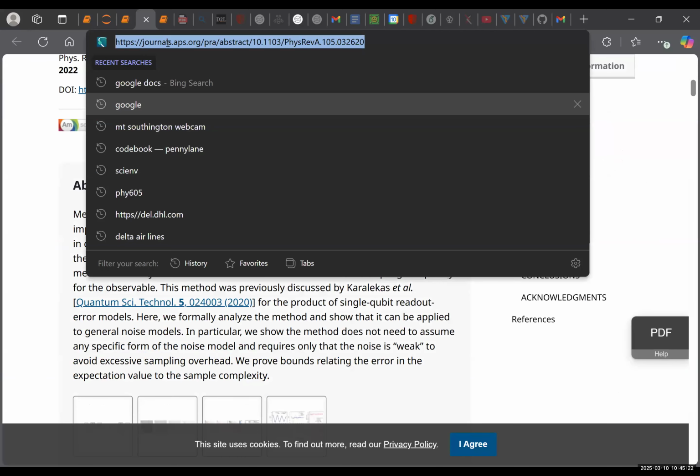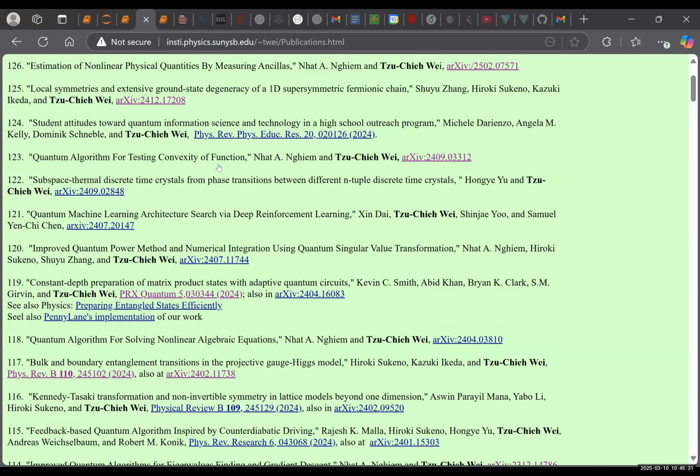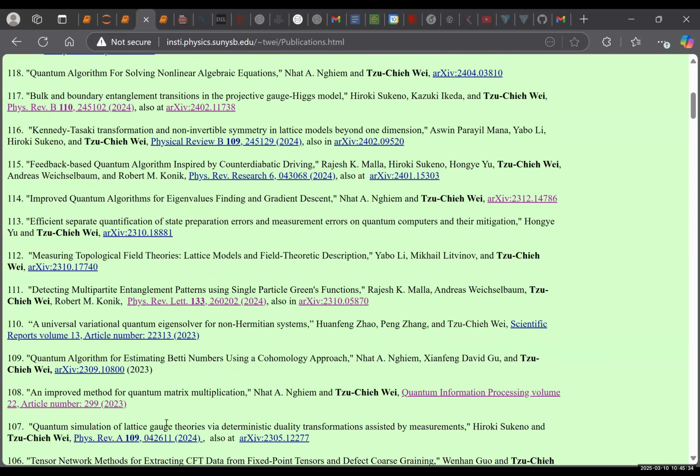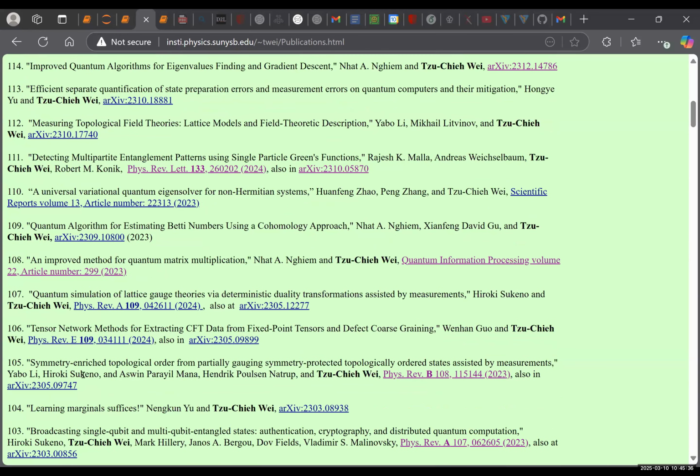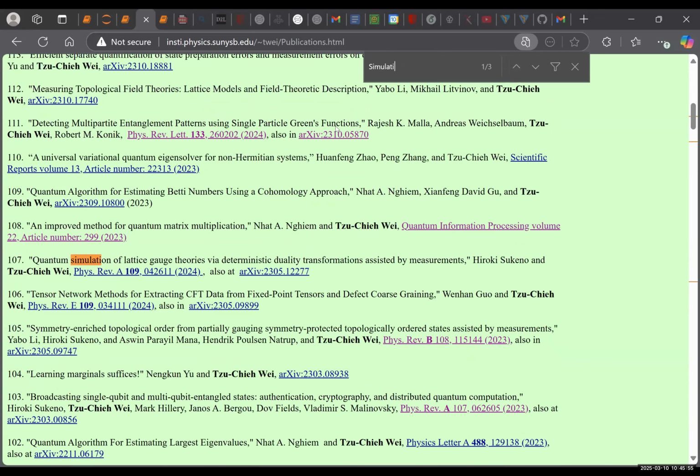Usually I can show you, we actually implemented that in one of our works. Let me just simulate. Simulating. Okay, keyword simulating.